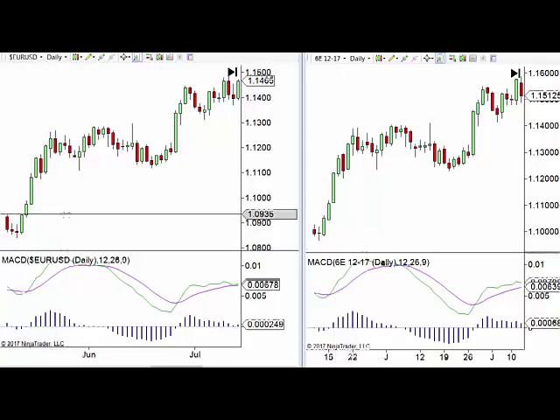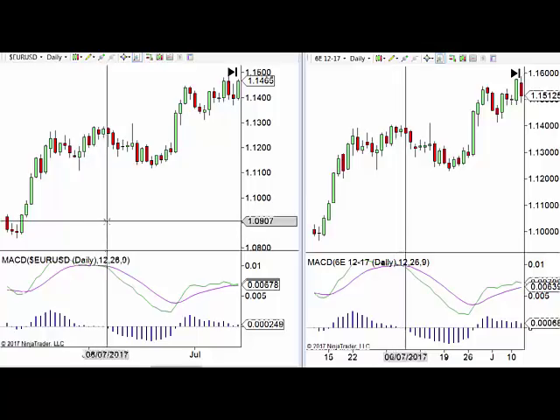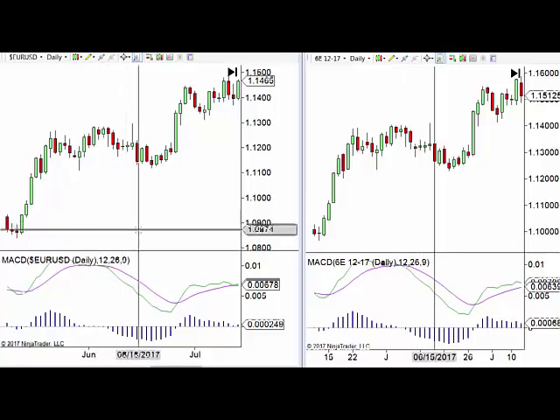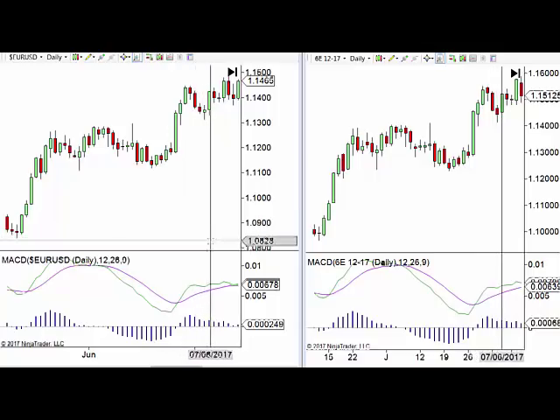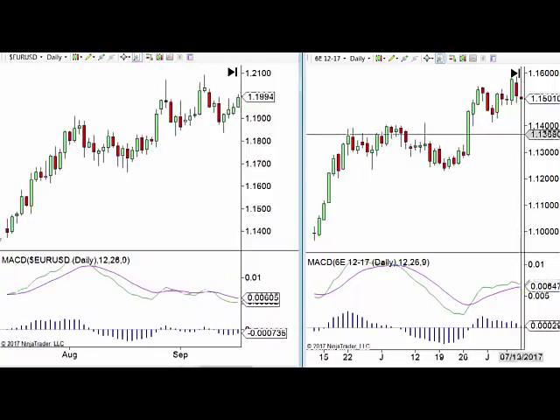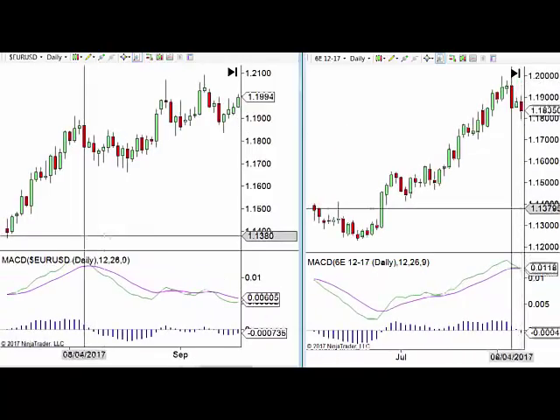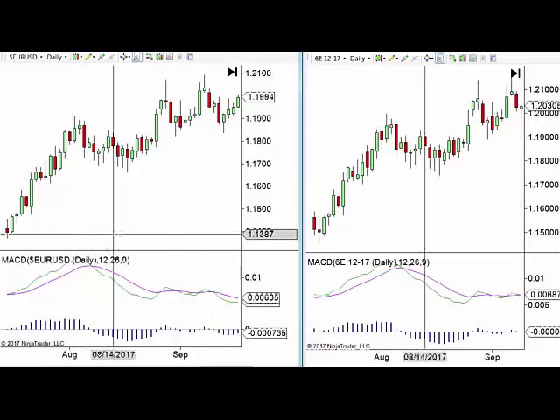But as you can see, pretty much the same, right? Now, not exactly, but very much the same from bar to bar. Not too much difference there. Indicator looking pretty much the same. We'll scroll forward here a ways, so you can see in advance.